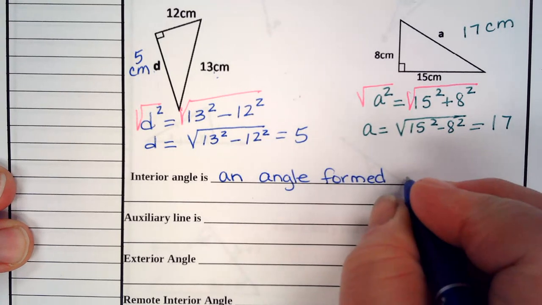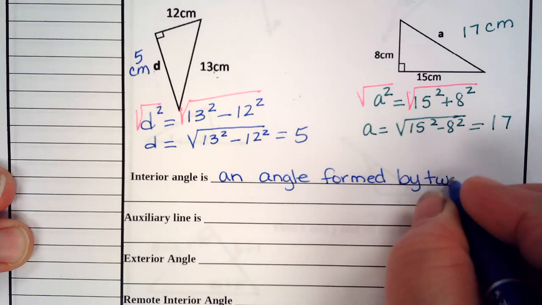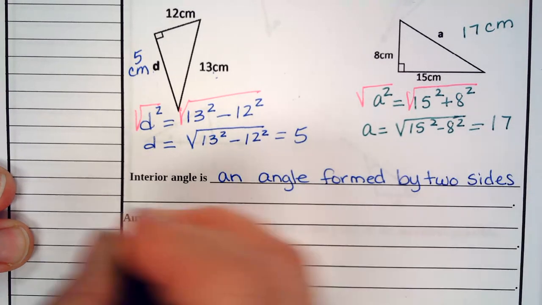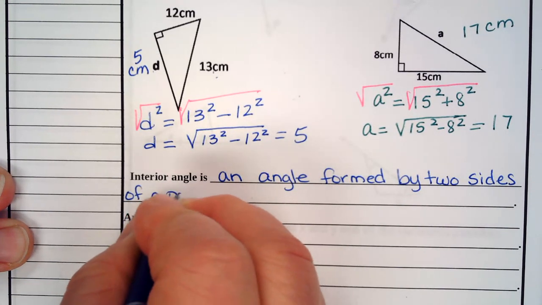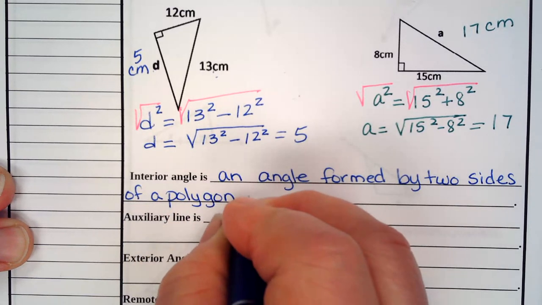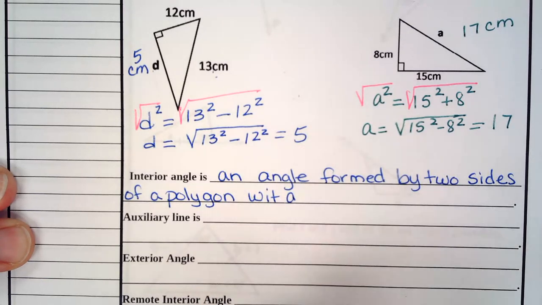An interior angle is an angle formed by two sides of a polygon with a common vertex.